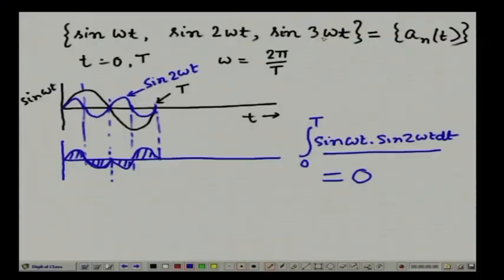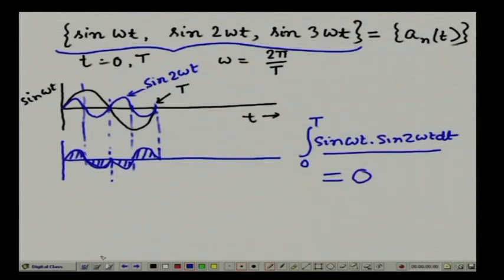Similar will also be the case if I multiply sin twice omega t with sin 3 omega t and take the integration. So, this particular set, that is sin omega t, sin twice omega t and sin 3 omega t, this particular set is the set of orthogonal basis functions.